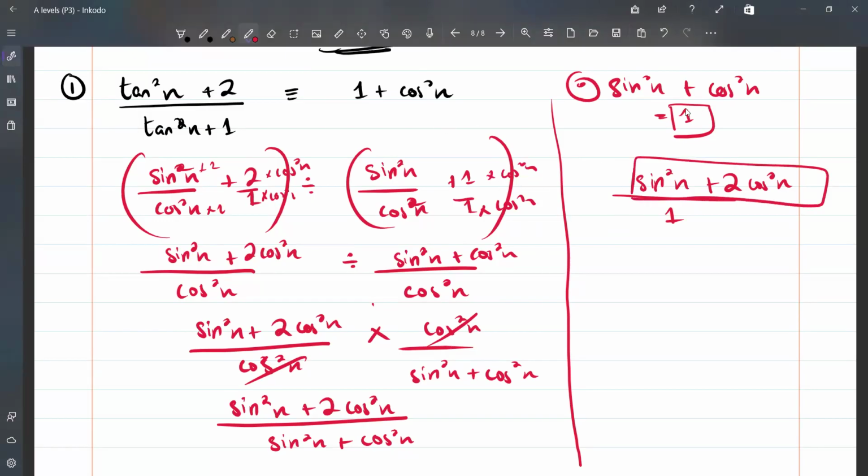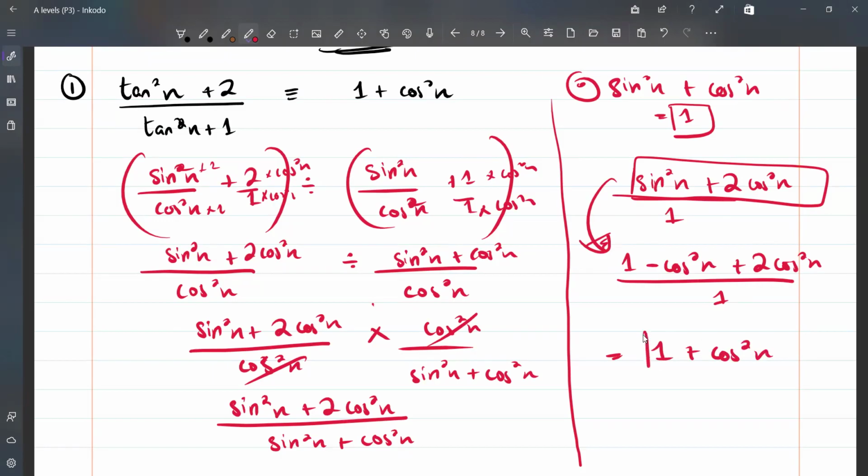Now remember that sine square x plus cos square x equals 1, which means that sine square x equals 1 minus cos square x. All right, 1 minus cos square x plus 2 cos square x upon 1, and we have 1 plus cos square x, and we have proved our identity.